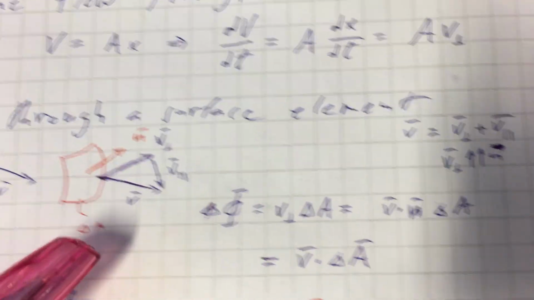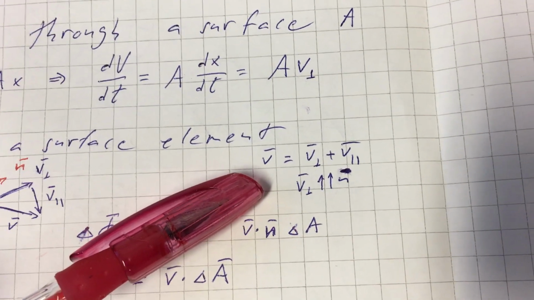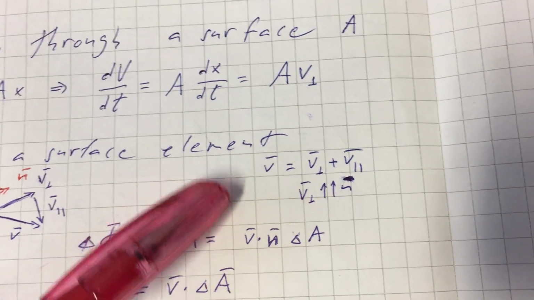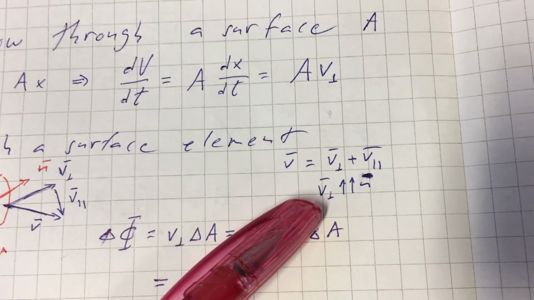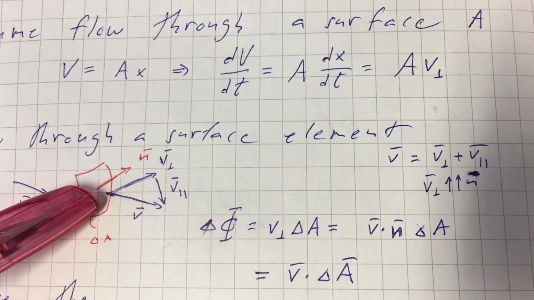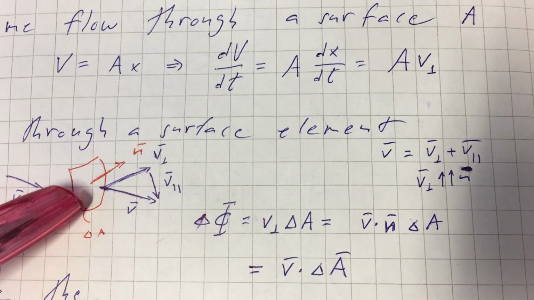First of all, the velocity can be divided into two components, velocity perpendicular plus parallel, and this perpendicular component is parallel to the unit vector, or directional vector, of the surface element.